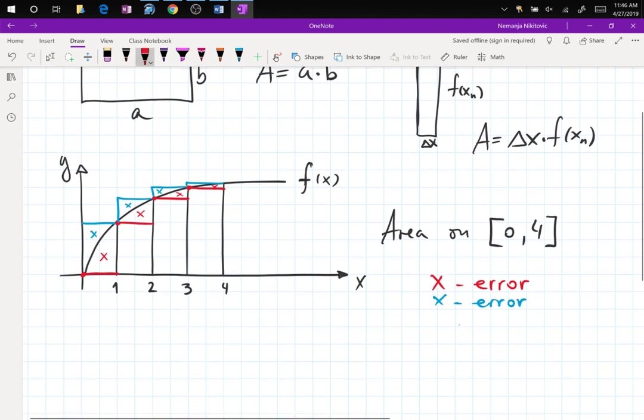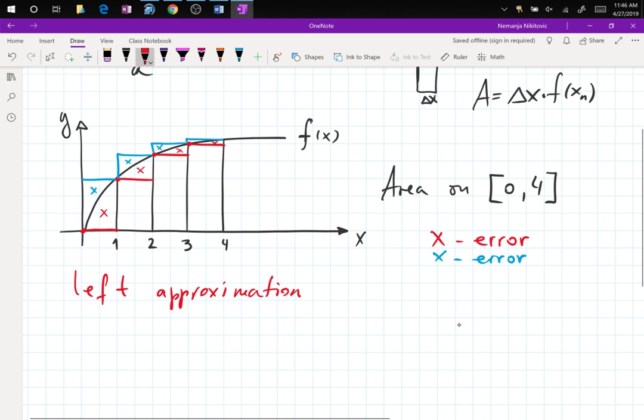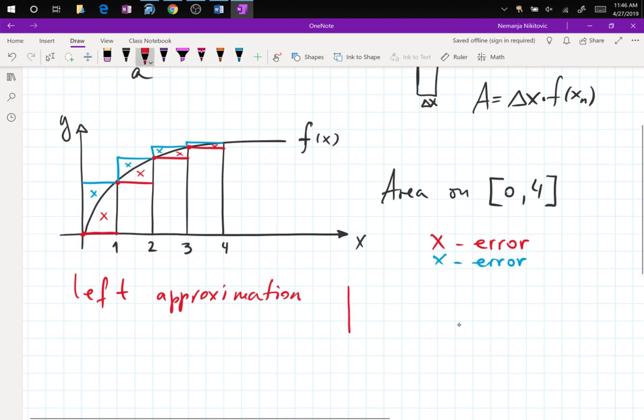So now let's talk about left approximation. It is called the left approximation because each rectangle is using the left point. Now that left point will coincide with some xn on the x-axis.